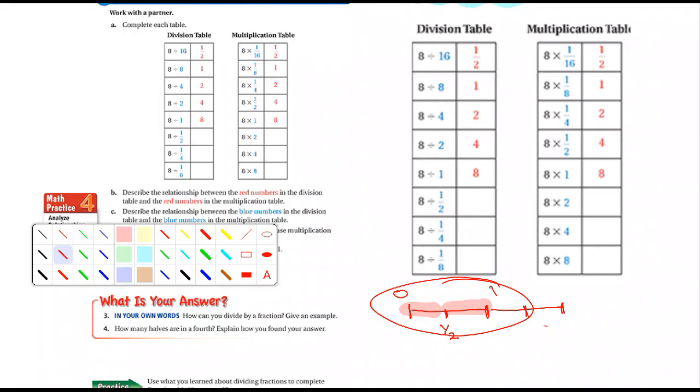So here'd be 2 more. And I heard you guys say it. So now there's 4. How many halves are in 3? 6. How many halves are in 4? 8. And then I could ask you, how many halves are in 8? 16. Okay? There'd be 16 halves in 8.